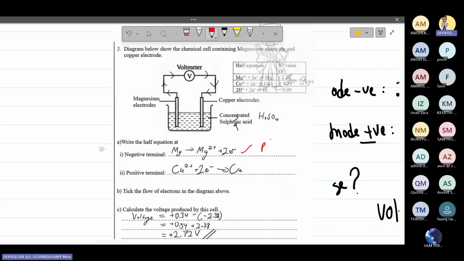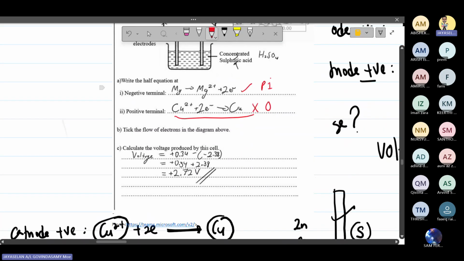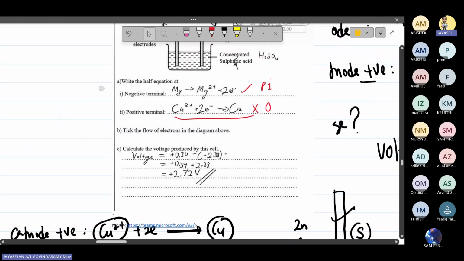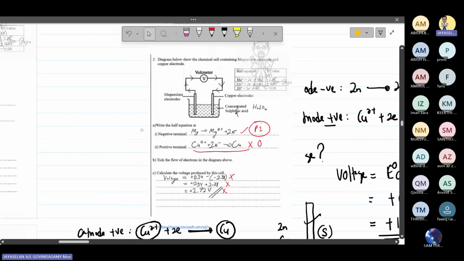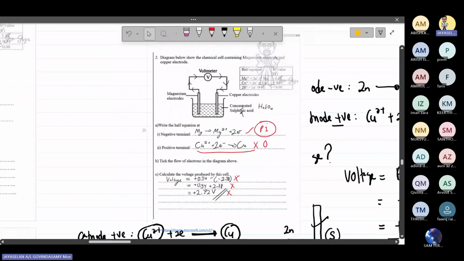Okay, this one P1, point 1. This one 0. Okay, this one wrong, wrong, wrong, wrong. So you only score 1 mark. Why? Ini pelajar ni siapa saya tak tahu lah. Saya just ambil sajalah.